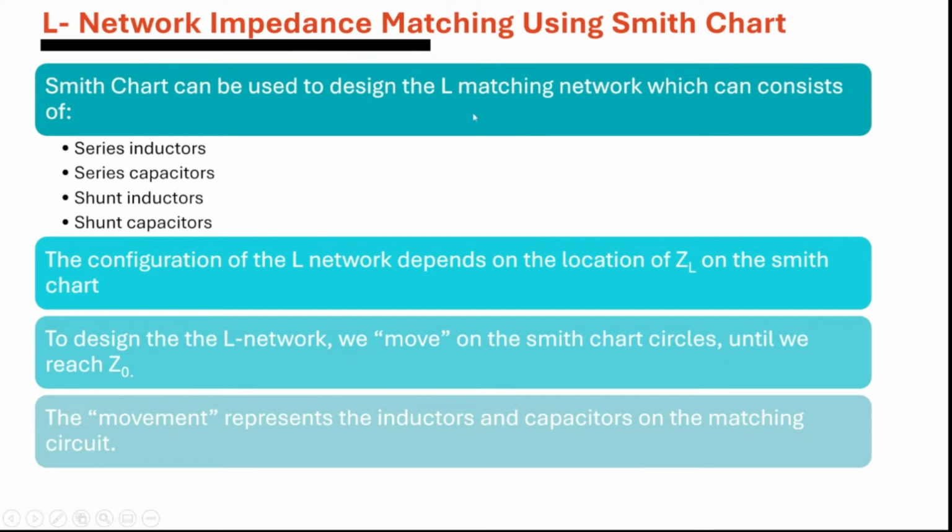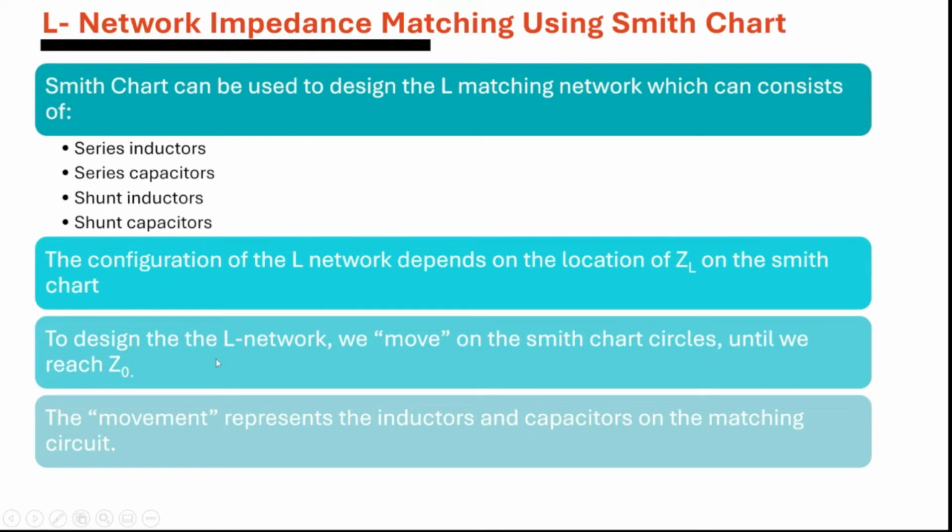Smith chart can be used to design the L matching network, which can consist of one or more series inductors, series capacitors, shunt inductors, and shunt capacitors. Shunt here means parallel. The configuration of the L network depends on the location of our normalized load impedance on the Smith chart.